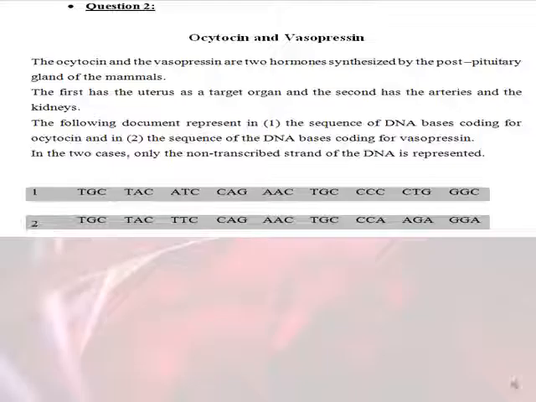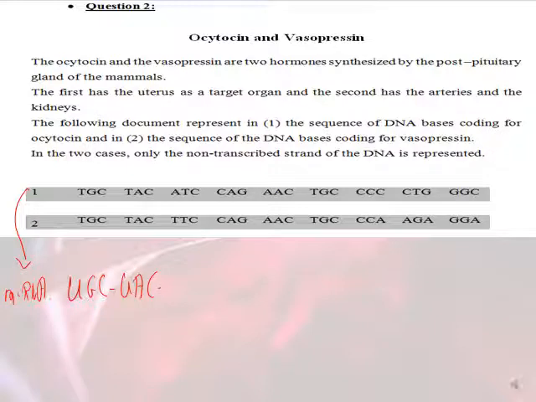Part A. Let's start with the oxytocin. So I want to determine the sequence for the mRNA. Okay? As I said, this is the coding, so it's the same. Instead of T, it's replaced by U. So TGC, instead of T, UGC. Then UAC.